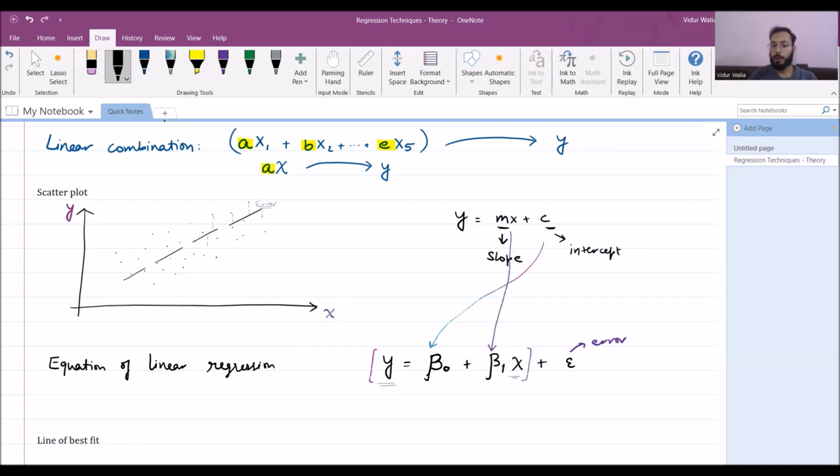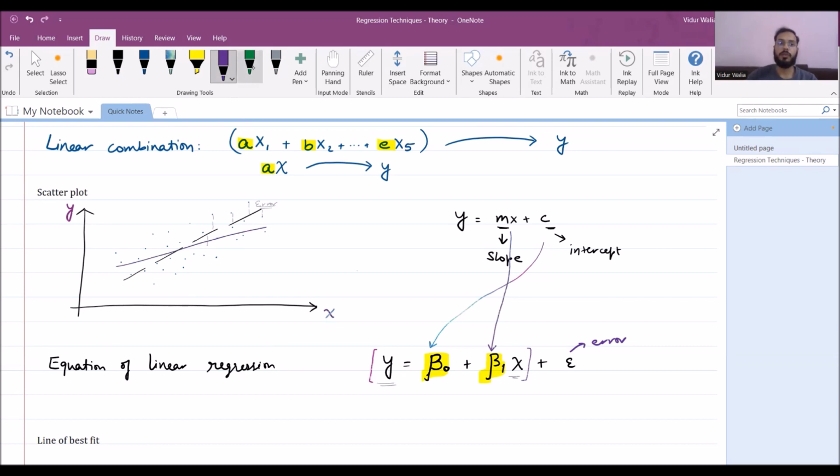So y is equal to beta naught plus beta 1x plus the error terms. And our main goal is to estimate this beta naught and this beta 1. Now you might argue, the next question that might come up could be: how do we know that this is the line to go for?